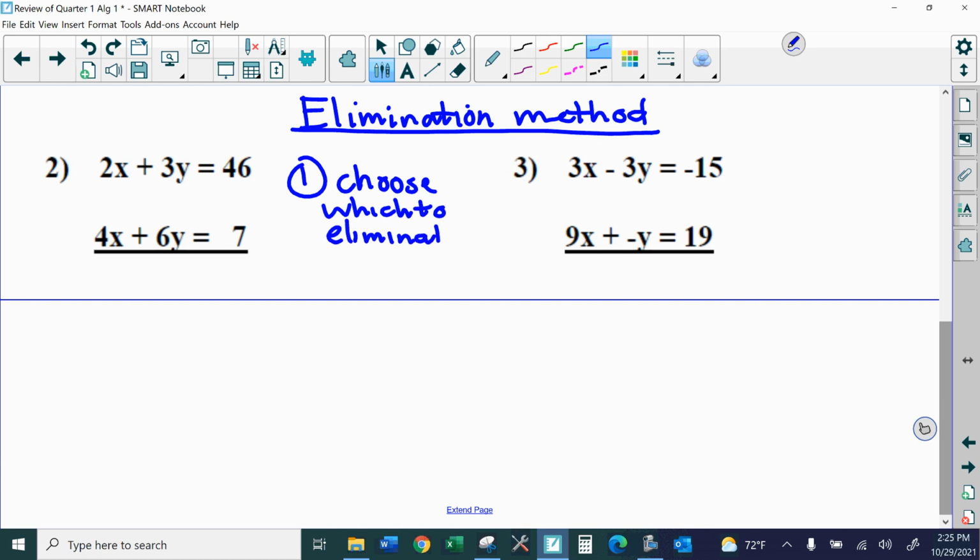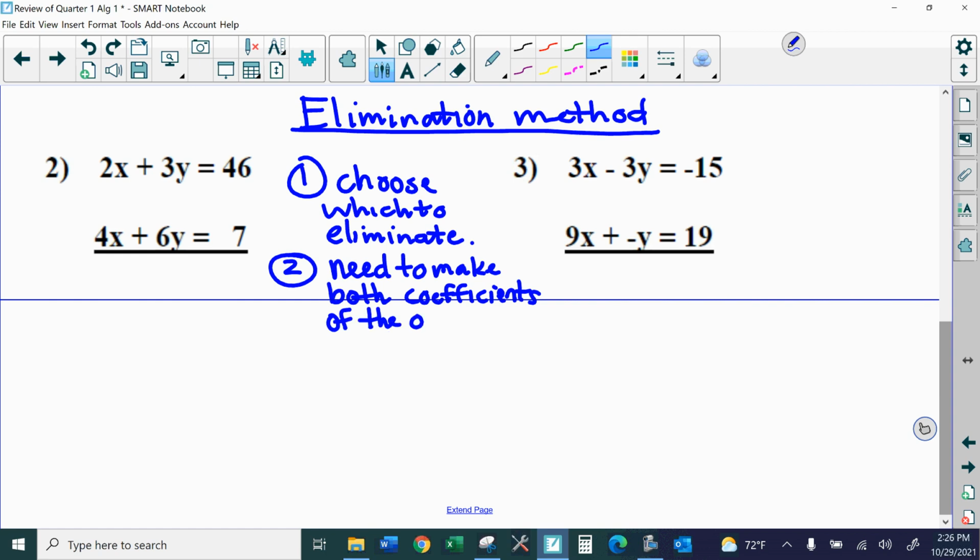Once I do that, I need to make both coefficients of the one being eliminated to be opposites.